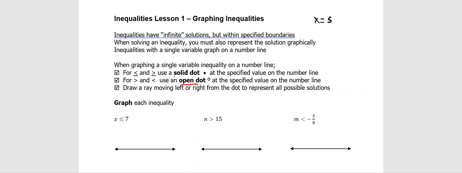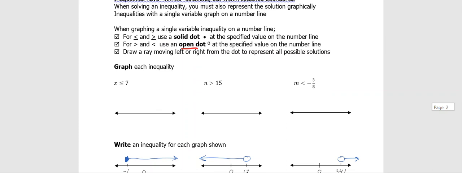And the way we do that is for greater than or equal to or less than or equal to, we will mark a closed dot on our number line. Okay. Other than that, it's really just a matter of setting up our number line, plotting the value, and pointing the graph in the right direction based on recognizing the type of dot that we're going to use.